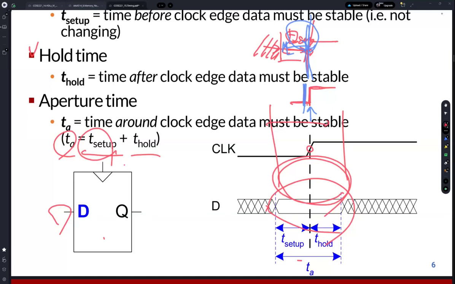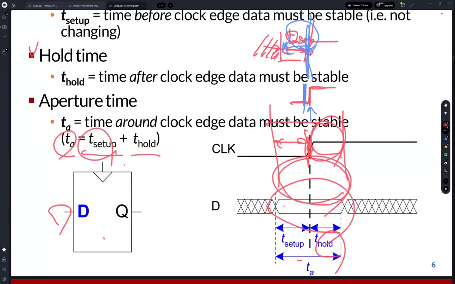Based on the rising edge of the clock, during the setup time, the input needs to be maintained. The input needs to be stable, which means that the input signal needs to be stabilized before the setup time on the rising edge of the clock. Also, the input needs to be stable during the hold time on the rising edge of the clock.